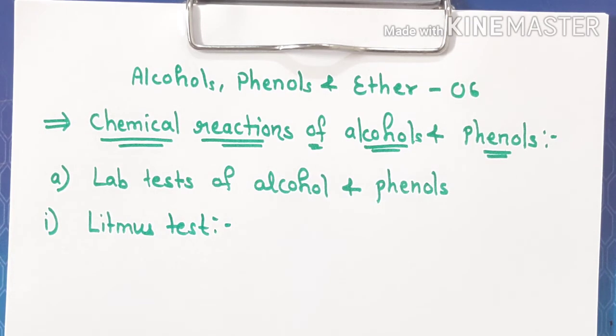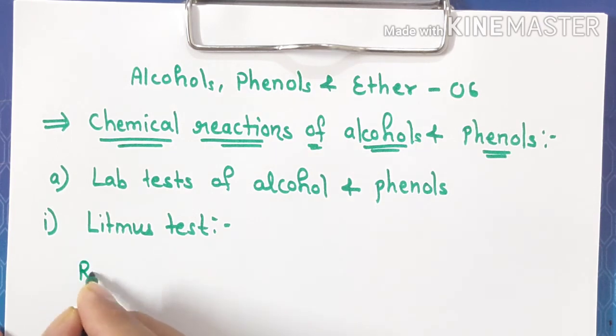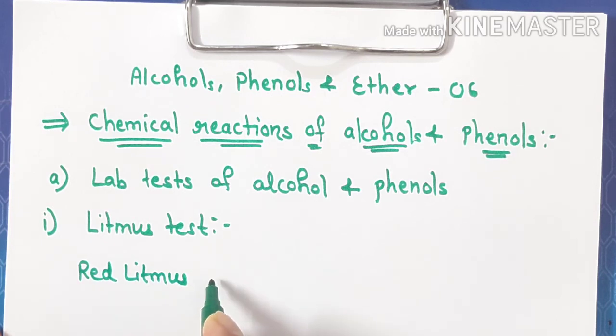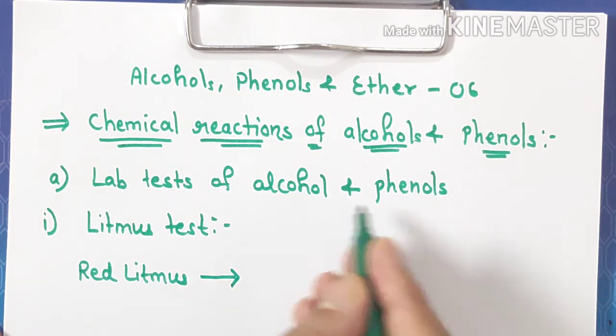For example, litmus paper, a red litmus paper, blue litmus paper. Suppose I have red litmus and I put this red litmus in alcohol, because we are doing the test for alcohol and phenol.